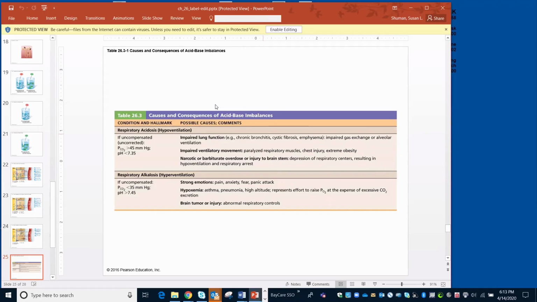So the respiratory system is controlling the carbon dioxide part, that acid part. The kidneys, the metabolic side, regulate the bicarb. So bicarb is the metabolic, the kidneys. Carbon dioxide is the acid, the respiratory system. Okay, everybody okay with that? Sound familiar? Okay. All right.